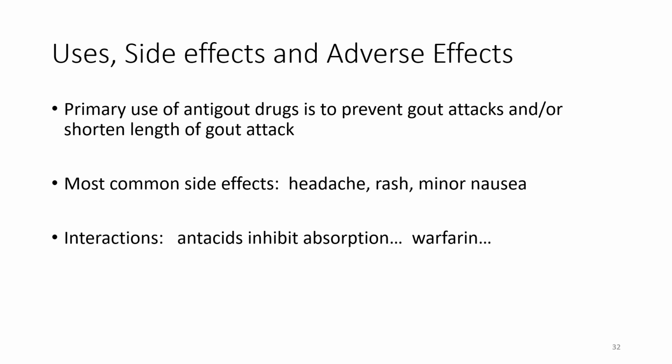If they're taking an anti-gout drug and warfarin, then their dose may need to be decreased based on those INR results. So they need to have their INRs drawn frequently and make sure they're within the normal limits, because if they're not, then that warfarin dose may need to be reduced.